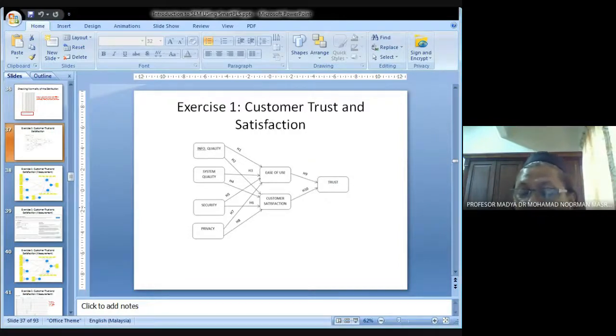Now, to write the research objective, you just have to paraphrase the research questions. For RQ1, it's going to be like, what is the rating given?